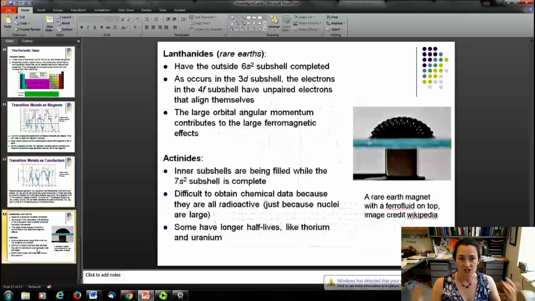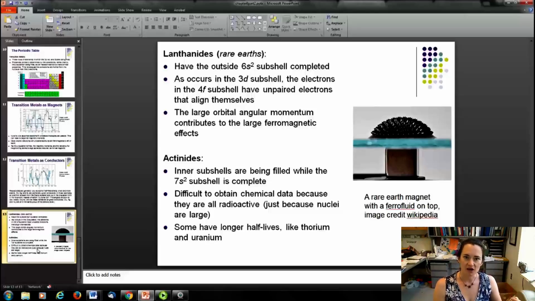Okay, this brings us to the end with the lanthanides and the actinides. The lanthanides are also called the rare earth elements. The lanthanides have a lot in common with the transition metals in that you have the filled s orbital in, for example, the 6s2. That subshell is outside the 4f's, so the effects are dominated by the outer valence electrons of the 6s and not the 4f's that are building up on the inside.